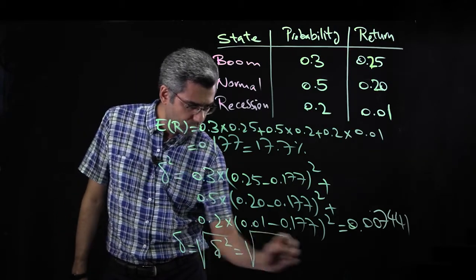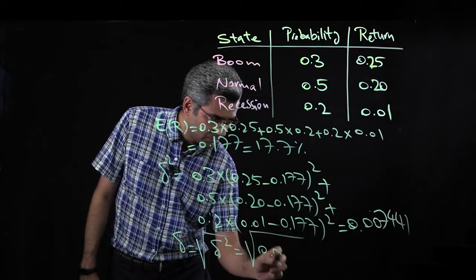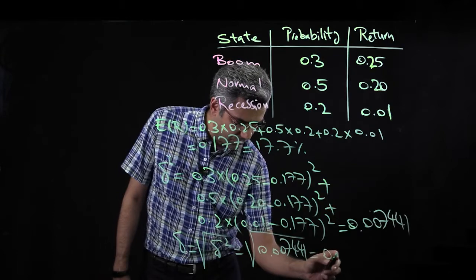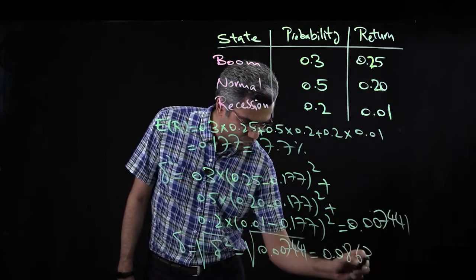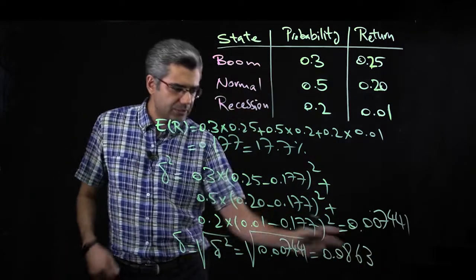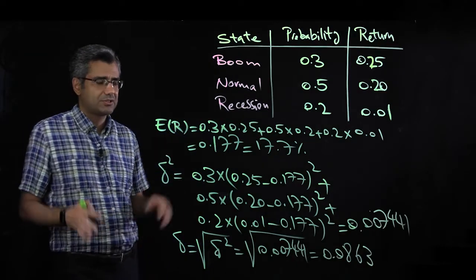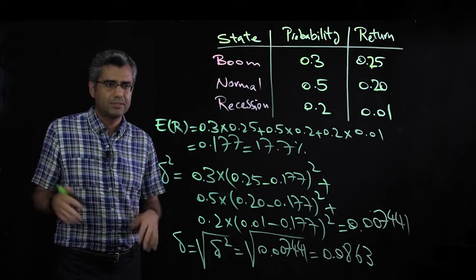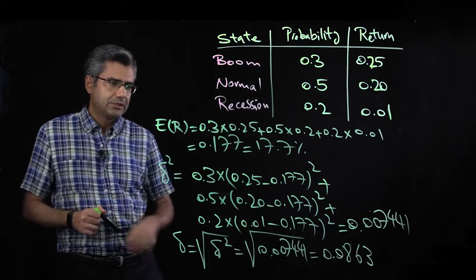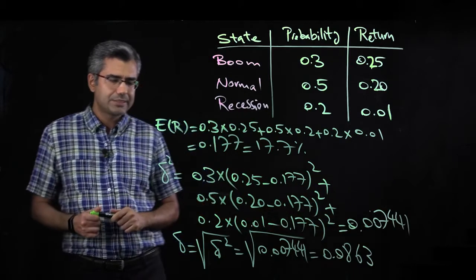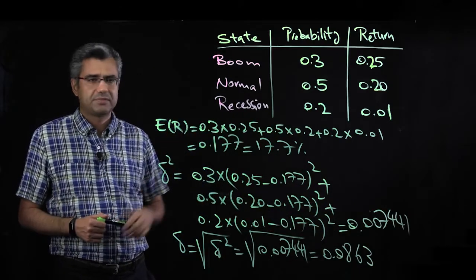So just the square root of what you already computed, 0.00741, and the answer is 0.0863. This shows the amount of risk that you are taking, because standard deviation shows the amount of risk that you are taking. So expected return and risk have been computed for this specific stock.